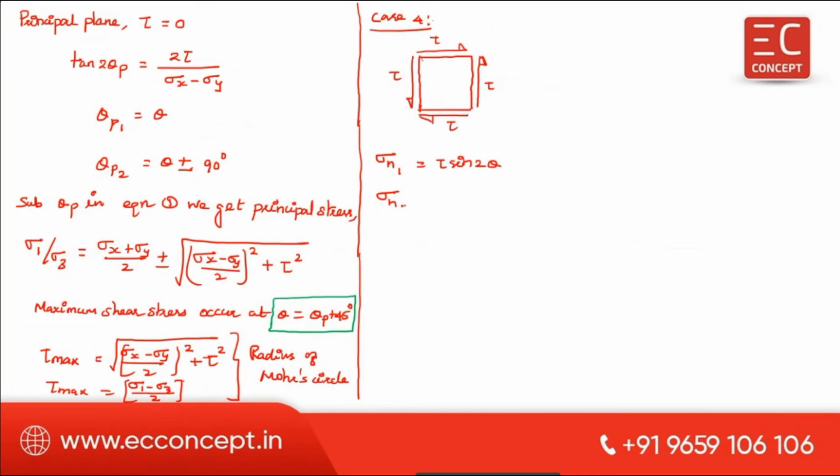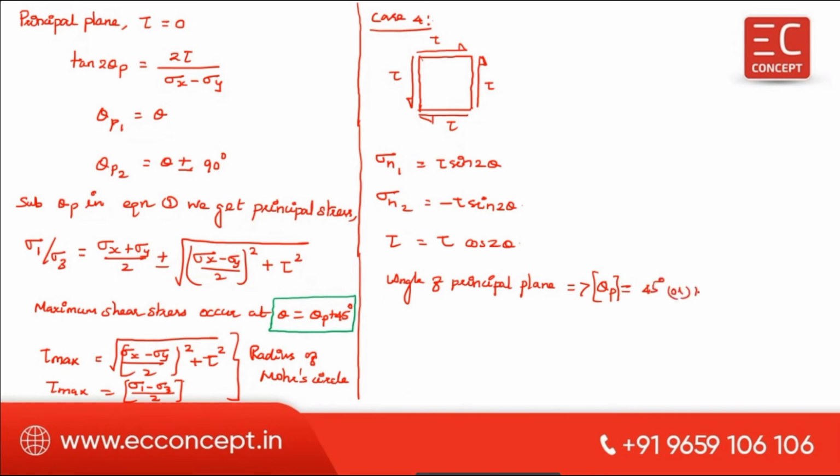Then sigma n2 is equal to minus tau sine 2 theta. Then shear stress is equal to tau cos 2 theta. Then the angle of principal plane, theta p, is equal to 45 degree or 135 degree.